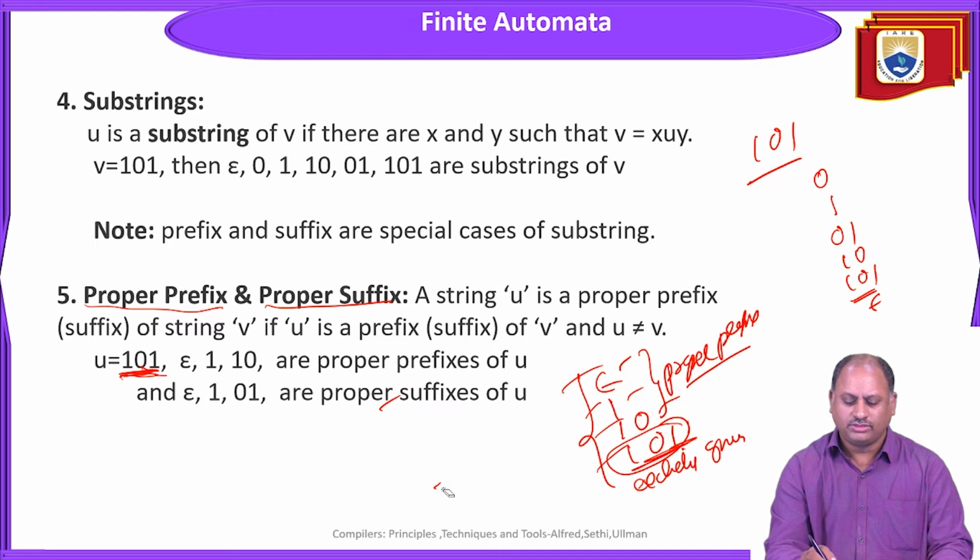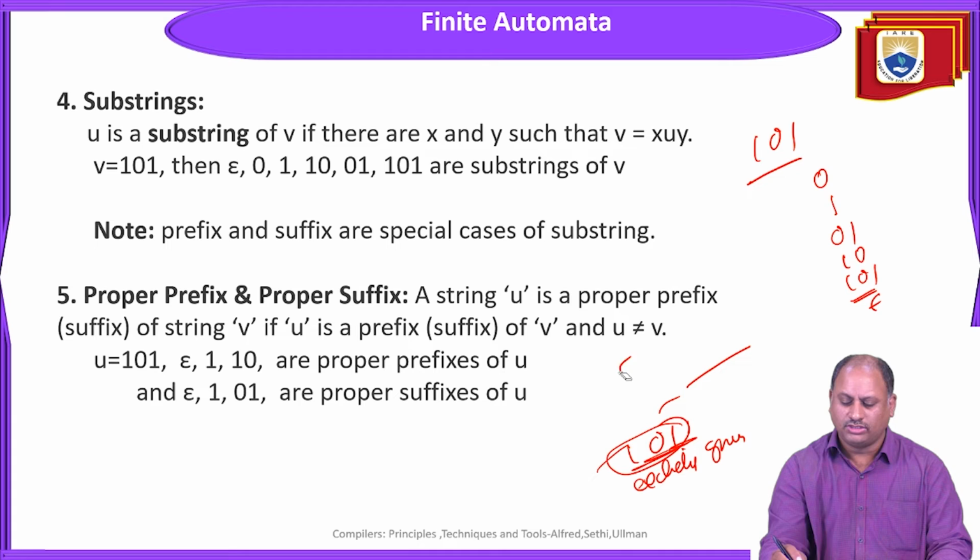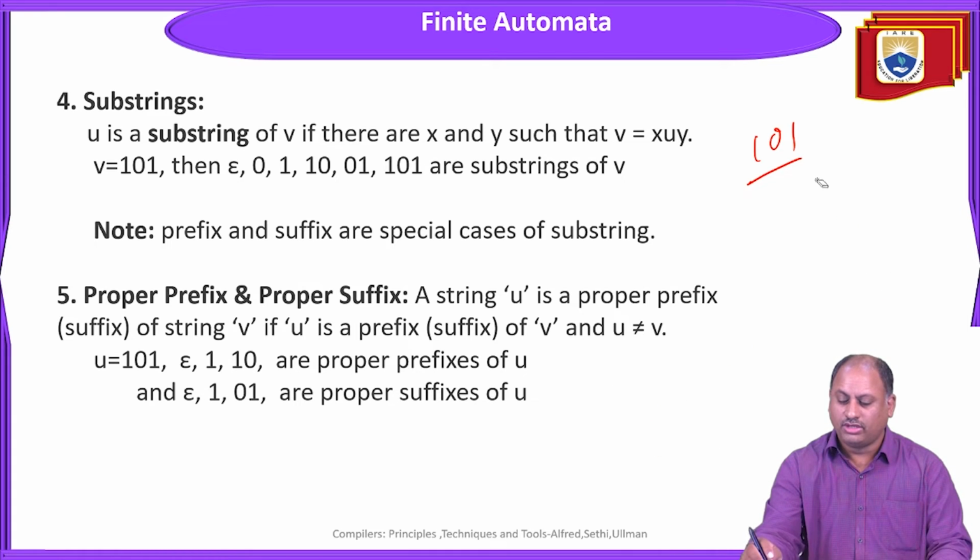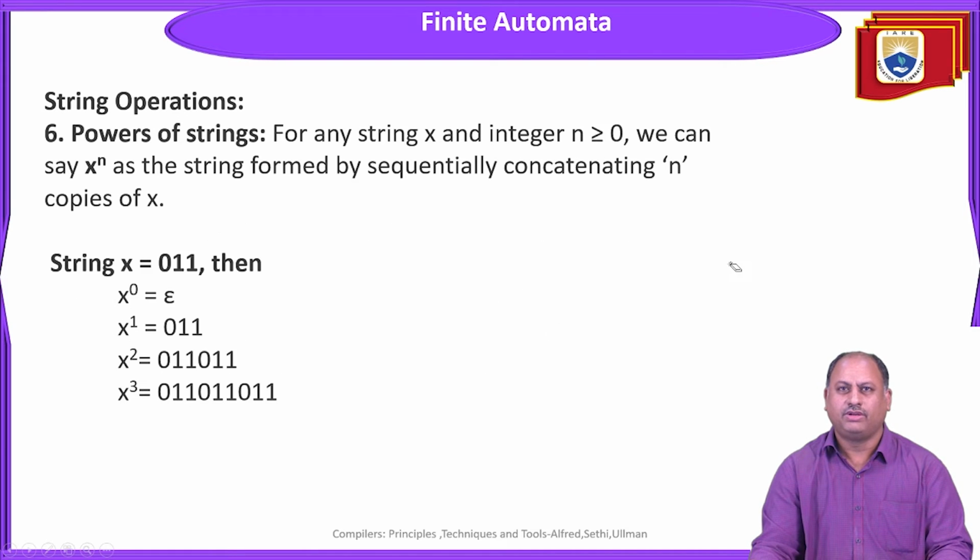So prefix notation, suffix notation, and proper prefix are obtained from the given alphabet, either 0, 1, or whatever character symbols are available over the alphabet. Another string operation we can perform is the power of a string.